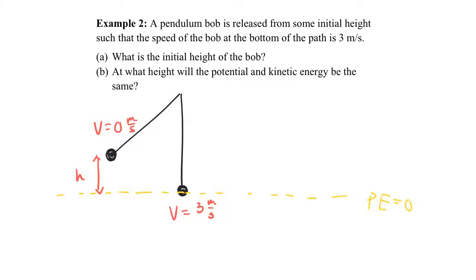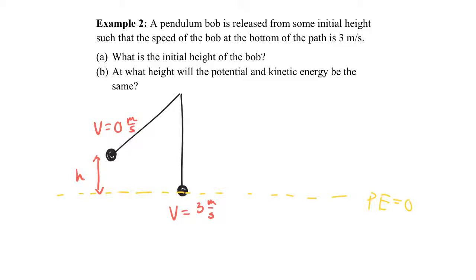So we have a skateboarder going down a ramp. We have an object falling, free fall. We have, in this case, a pendulum swinging back and forth. In all three of those cases I just mentioned, it's the exact same setup. PE in the beginning equals KE at the end. Literally, it's the same exact setup again.